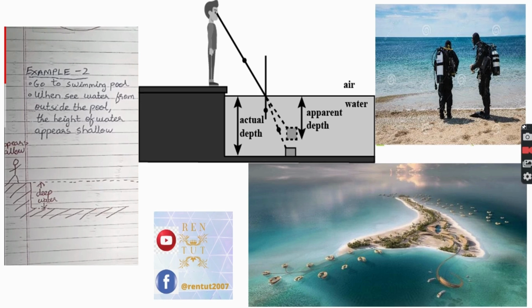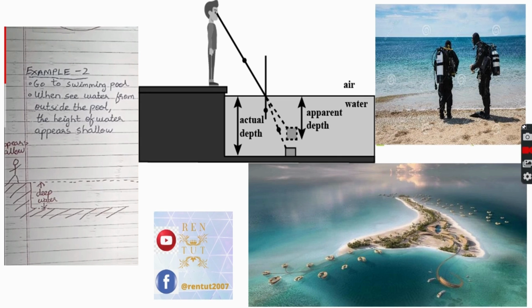You can't gauge the depth of the sea water from standing outside, because the refracted ray shows us two images. One is the actual image, it doesn't show us, it will show you the apparent or the virtual image. So the apparent depth is always less and the actual depth is always more. Okay, this is the second example.